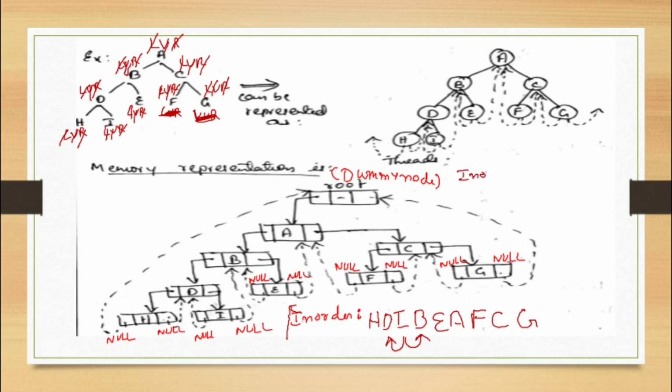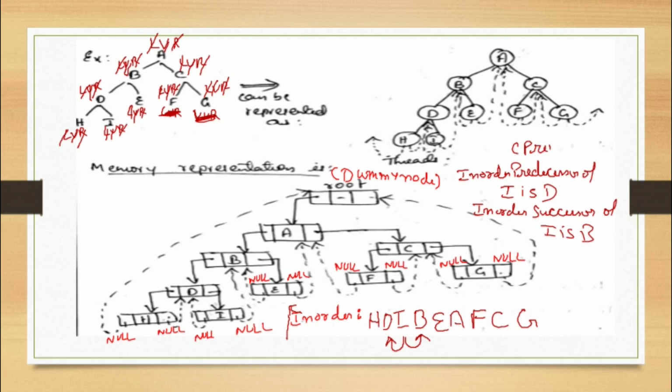In order predecessor of I is, for example, D, and in order successor of I is B. So successor means the next element, predecessor means the previous element.